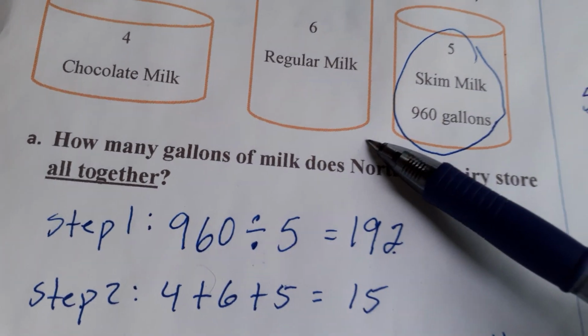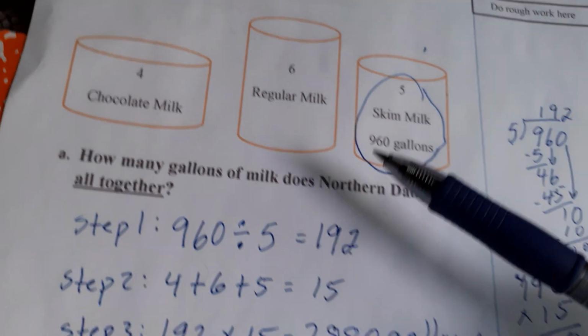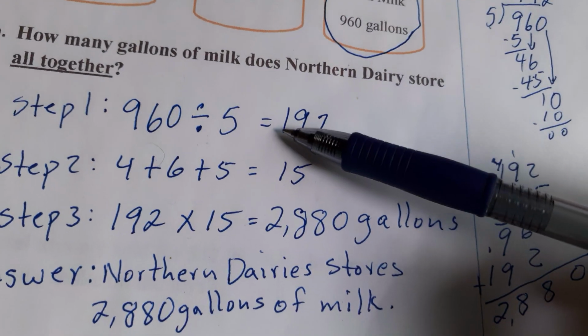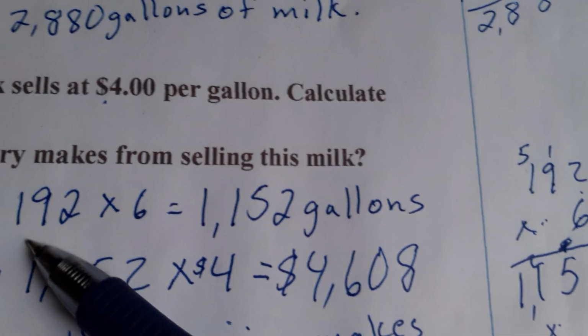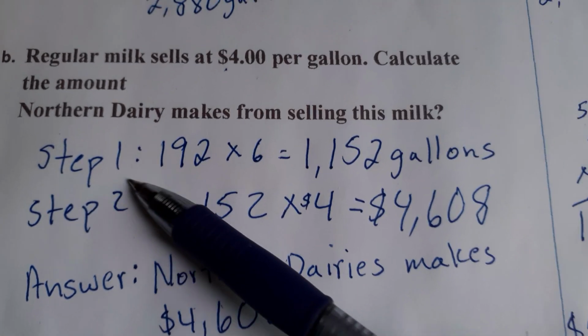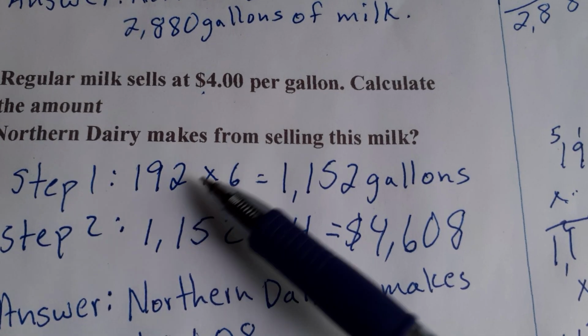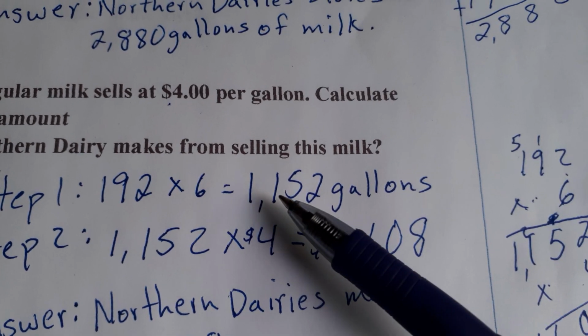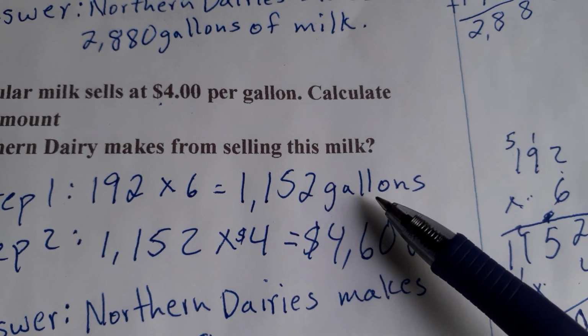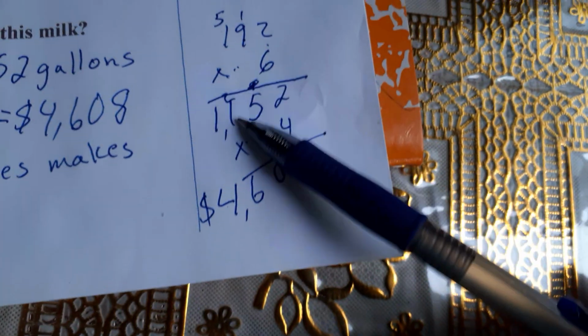So we need to find it. How do we find that? We already found the rate. The rate is 192. So for step 1, we multiply 192 times 6, which is going to give us 1,152 gallons. Okay, where did I do it?